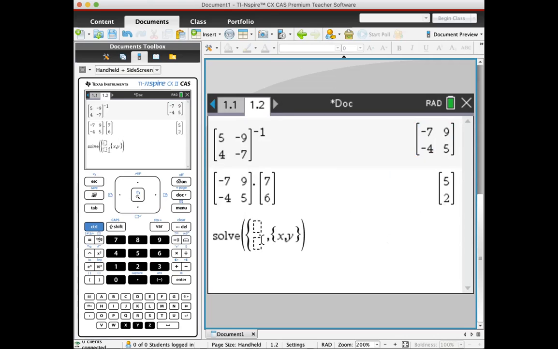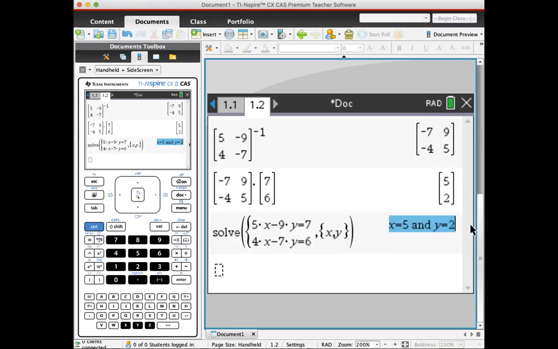And you can get rid of the curly bracket if you wish. Just type in 5x minus 9y gives you 7, and 4x minus 7y will be 6. Exactly the same thing, okay?